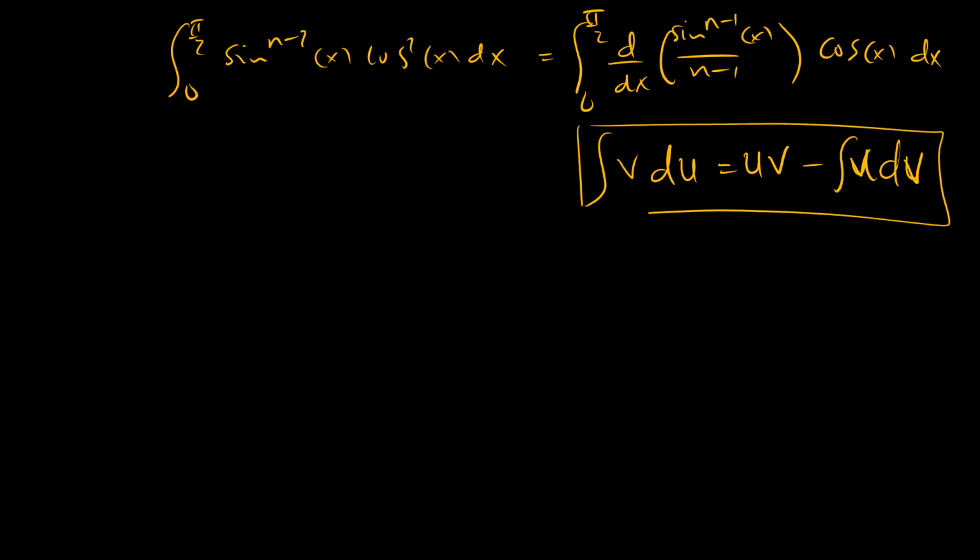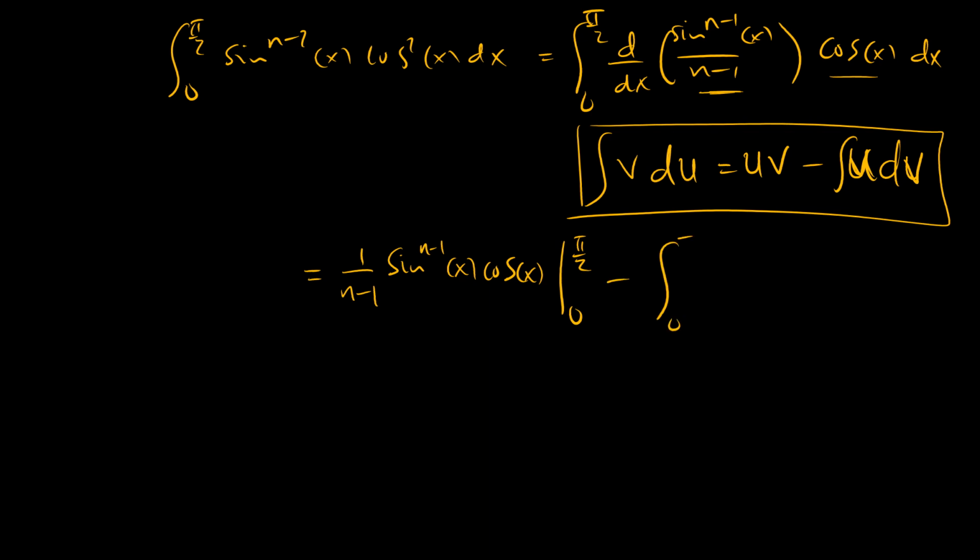So using this, we can consider these to be u and this to be v, so our integral becomes 1 over n minus 1 sine to the n minus 1 of x cosine of x, that's uv, from 0 to pi over 2, minus the integral from 0 to pi over 2 of 1 over n minus 1 sine to the n minus 1 of x times the derivative of cosine of x.